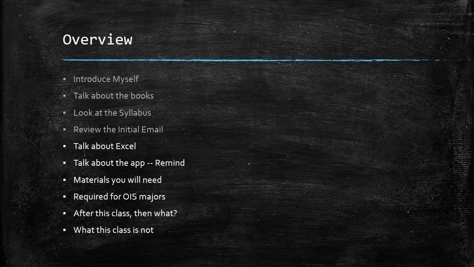Okay, going on to required for OIS majors. This class is required for graduates of the administrative assistant area. So office information systems would be your major.